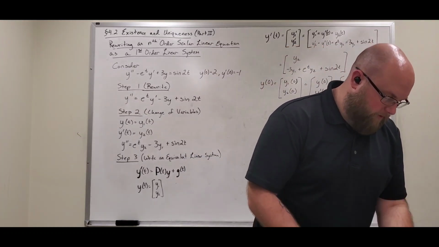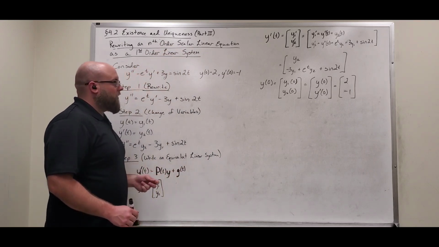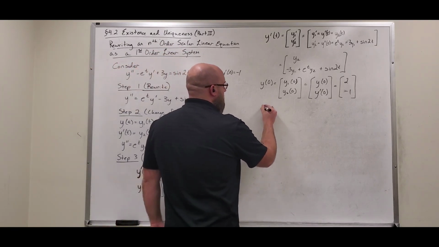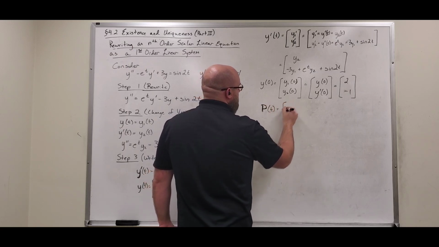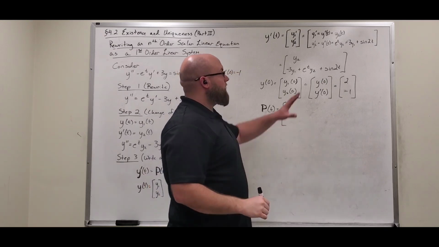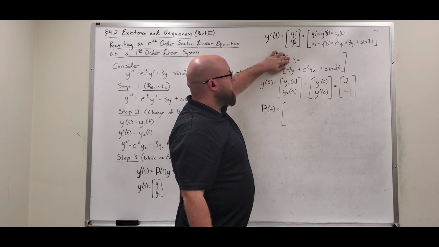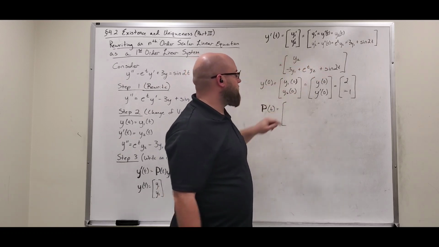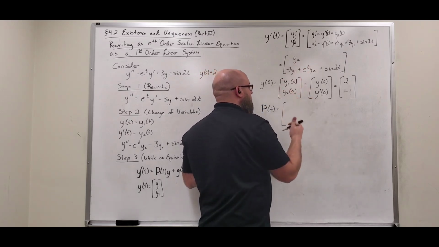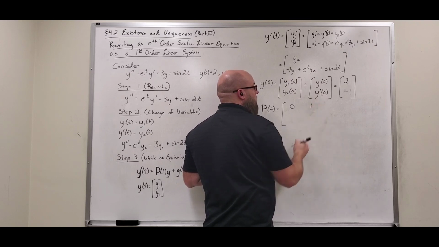Making sure I got this right. So, well, I need my P of t. All right, well, P of t is equal to what's in front of y1 and y2. Notice there's no y1 in this first linear equation, so we get a 0, and we have a 1 in front of the y2.